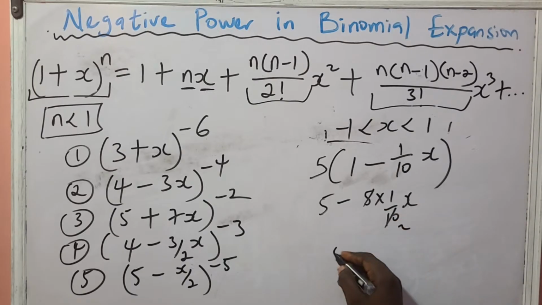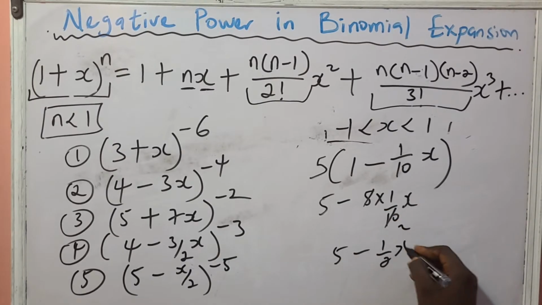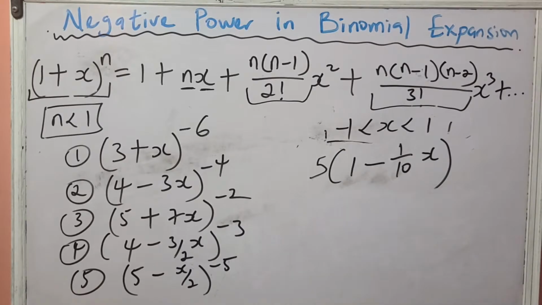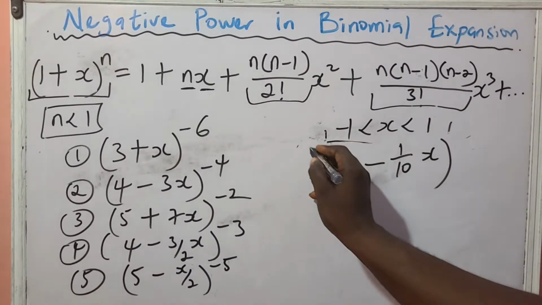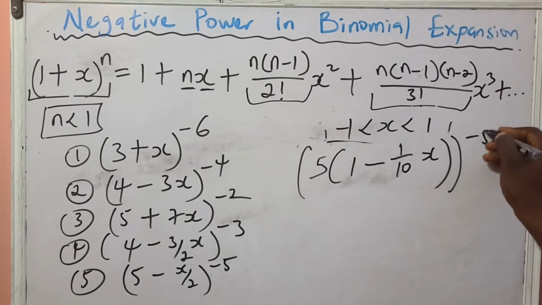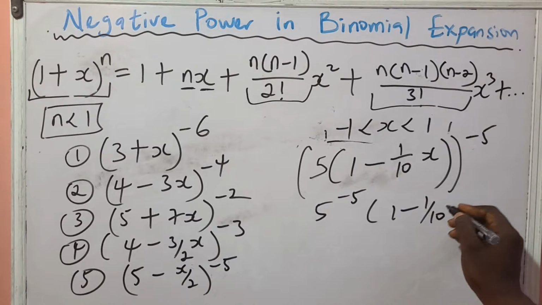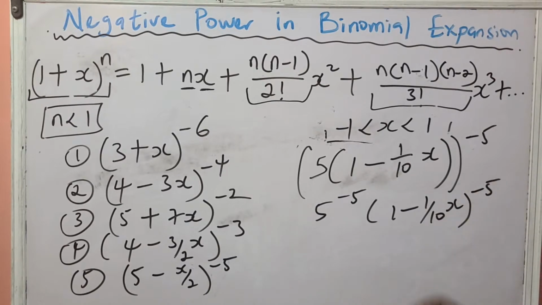That will be 5 minus 1 over 2x, which is the same thing as this. So obviously, you do not want to leave your answer just as this. You want to ensure it reflects the power, which was minus 5. And you have 5 raised to the power minus 5. Then you have 1 minus 1 over 10x raised to the power minus 5.